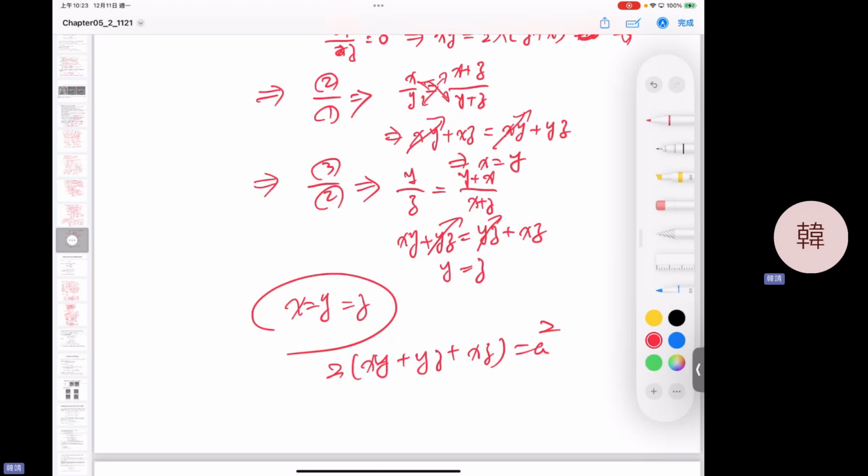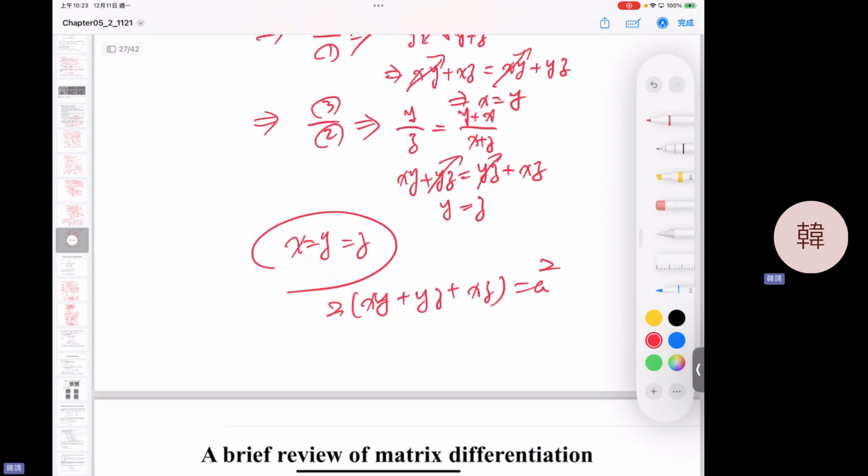That's your constraint condition. So you know it should be x equal to y equal to z, so you have 2 times 3x squared, if you change everything to x, equal to a squared, which means 6x squared equal to a squared. So x should be equal to a squared divided by 6, take the root, so equal to a divided by root 6, and equal to y equal to z.